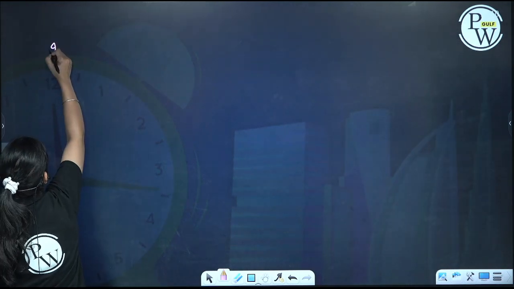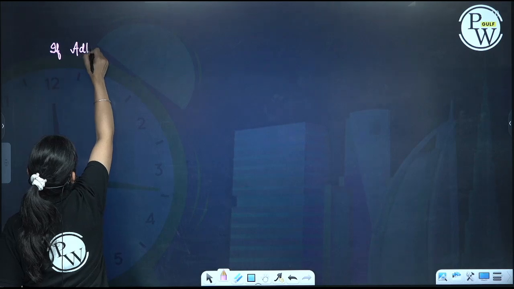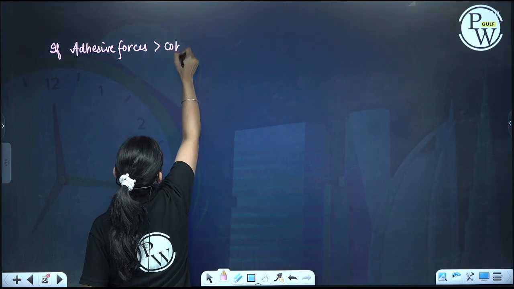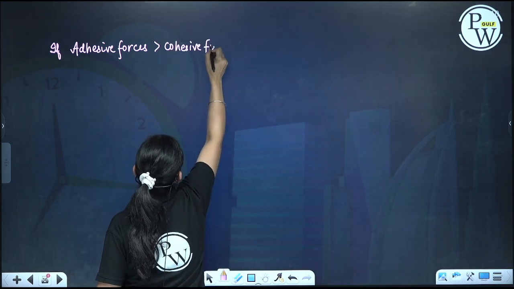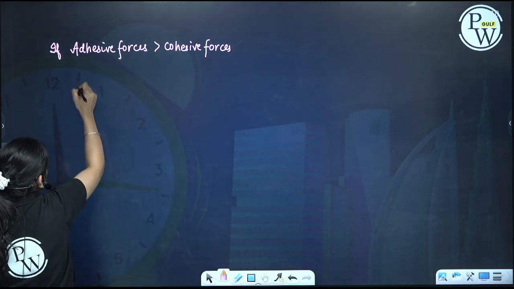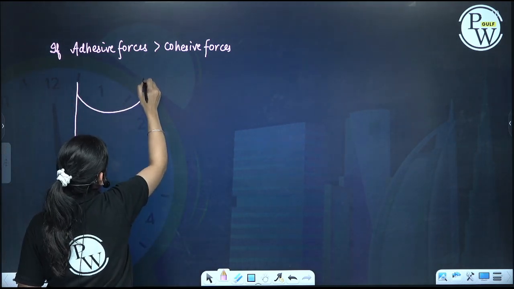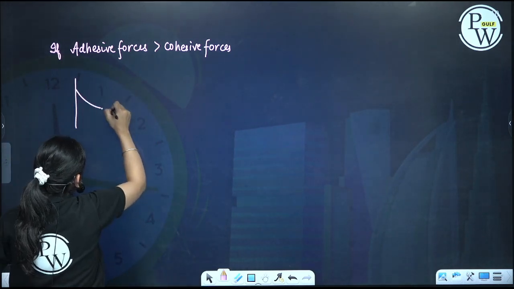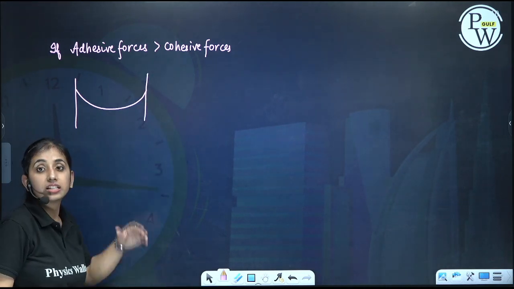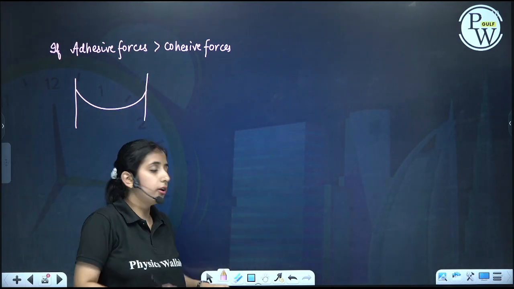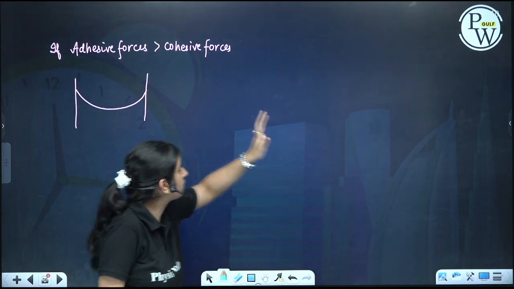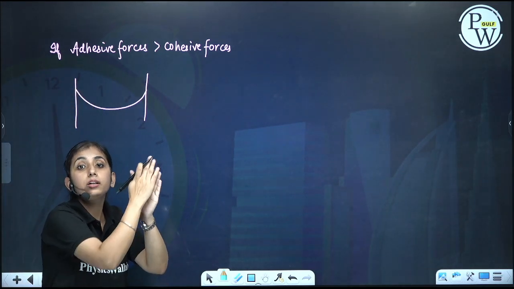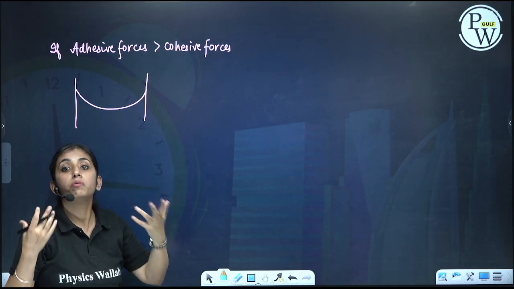If adhesive forces are greater than cohesive forces, that is, the force between the liquid and the surface is larger, between the solid and liquid molecules there is greater force, then the liquid will try to stick to the surface of the container, it will try to wet the container.